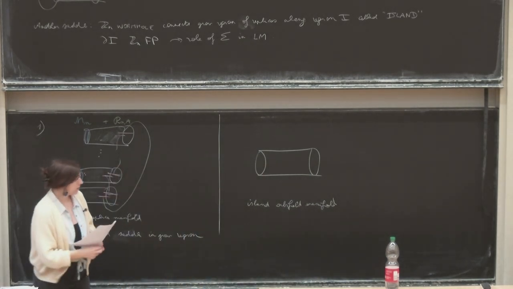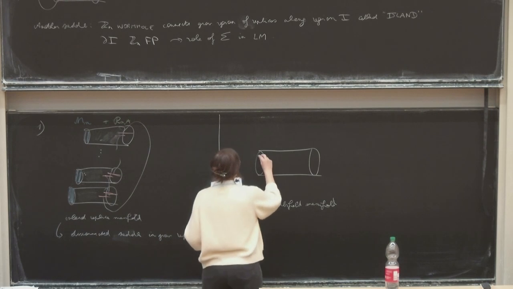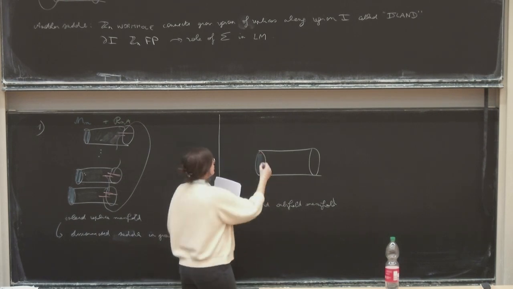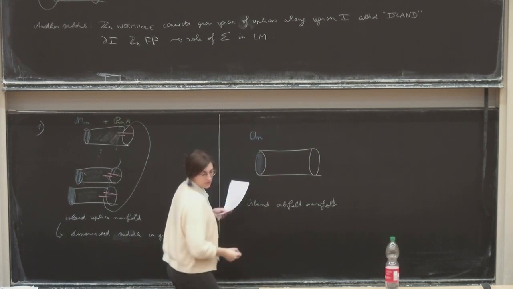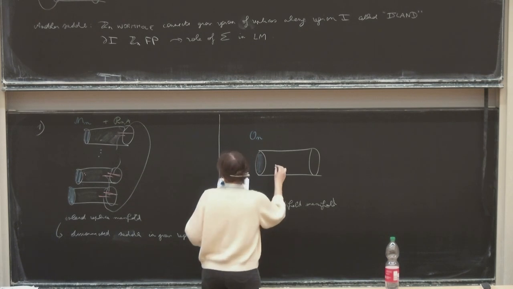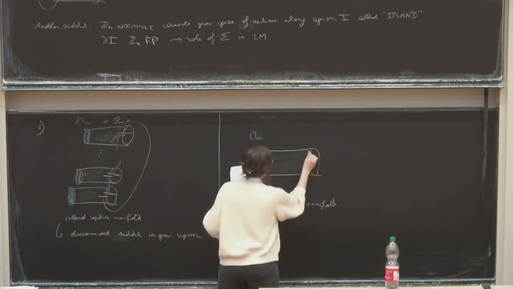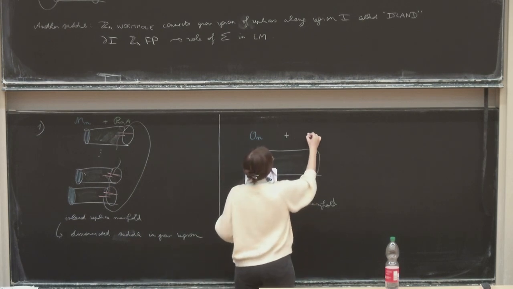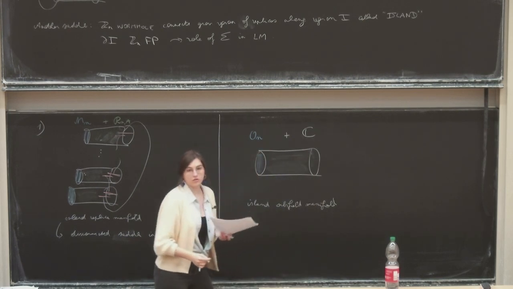Again, there's a gravitational orbifold for which we'll use the Lewkowycz-Maldacena notation. And then there's a non-gravitational part of the orbifold manifold for which we'll use the CFT notation.